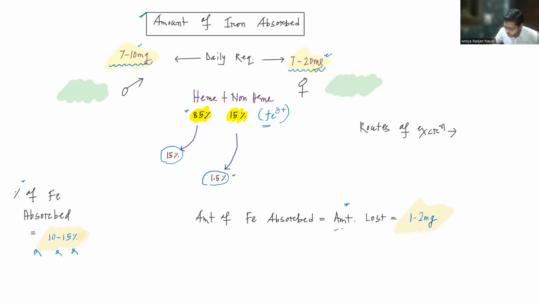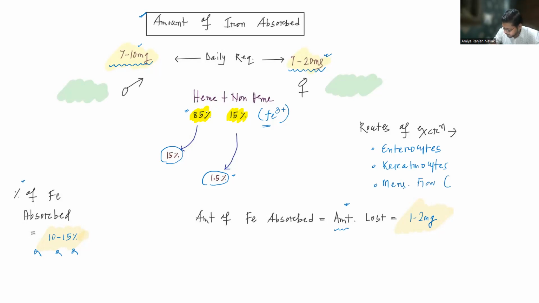How is this iron lost from the body? It is lost by shedding of the enterocytes. Enterocytes are nothing but the intestinal epithelial cells. Also, shedding of the keratinocytes from the skin, and also through the menstrual blood flow.